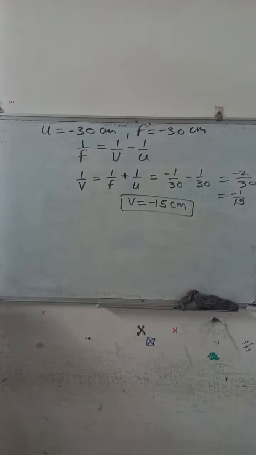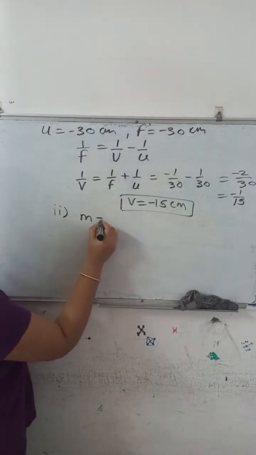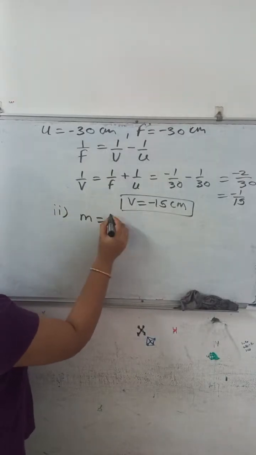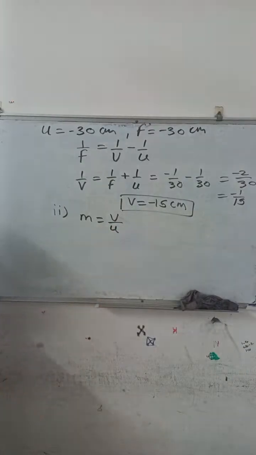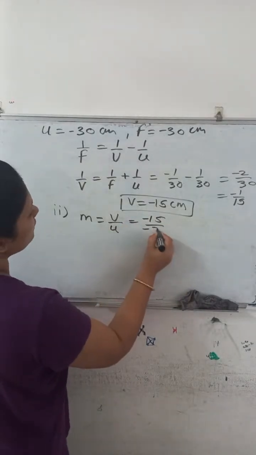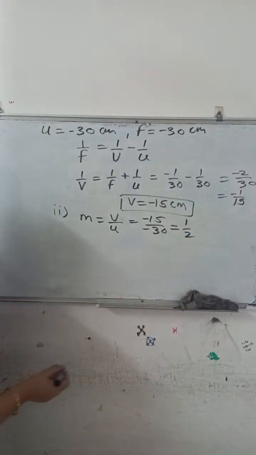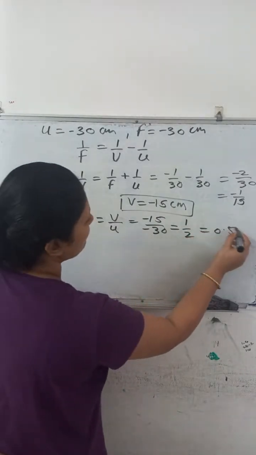So magnification we can calculate, so we will get the nature. To get the second bit, m is equal to v by u in case of lens. So here v by u, v is minus 15, u is minus 30, so minus minus get cancelled, and you will get magnification is half, that is 0.5.